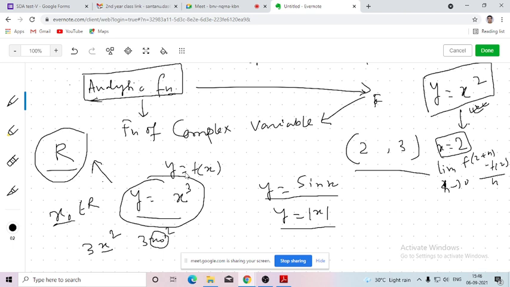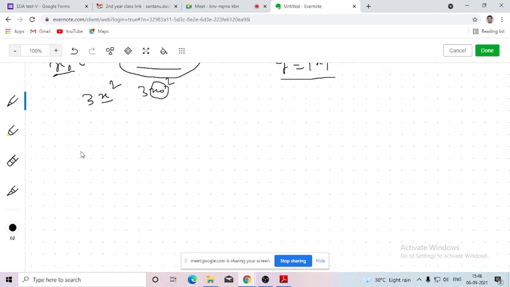We have to take any arbitrary point. Say, for example, f of x equals x square. So what will be the definition? If I take x0 as the point, limit h tends to 0, f of x0 plus h minus f of x0 by h.